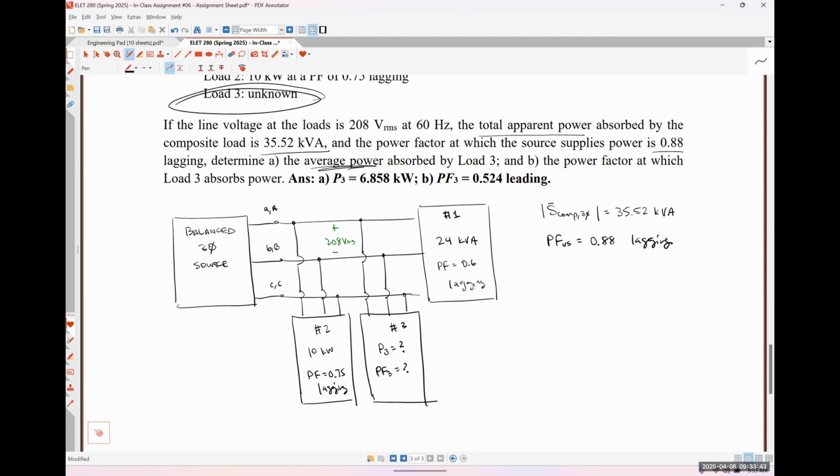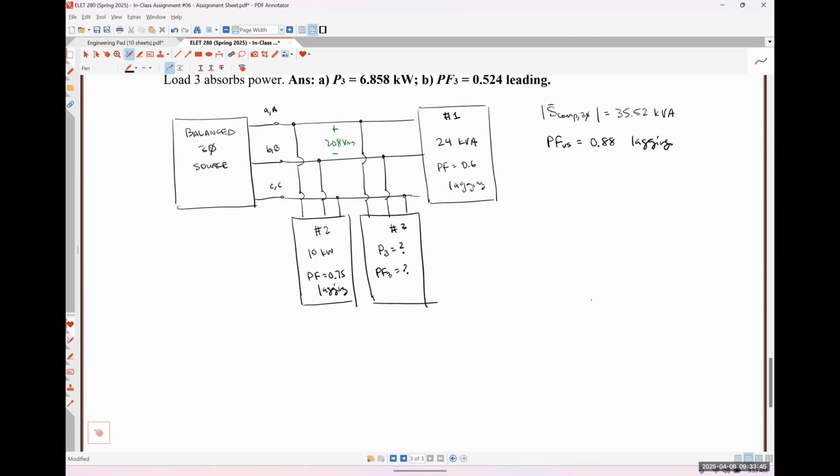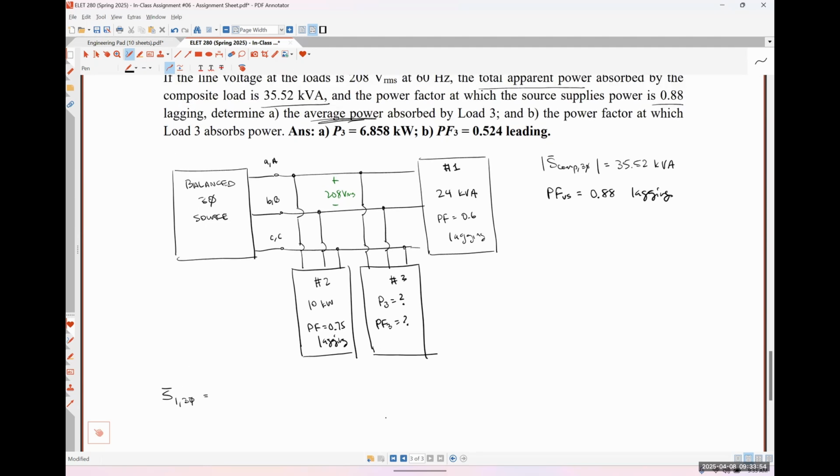All right, so what's the total complex power absorbed by load one? Somebody who hasn't answered any questions, maybe help me out with that. This is the third or fourth time we've done this calculation, so hopefully it's old hat by now.